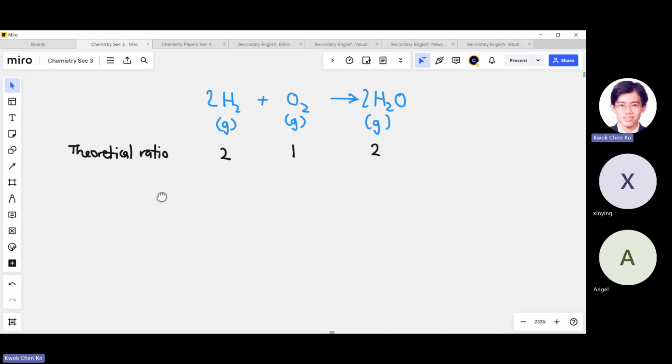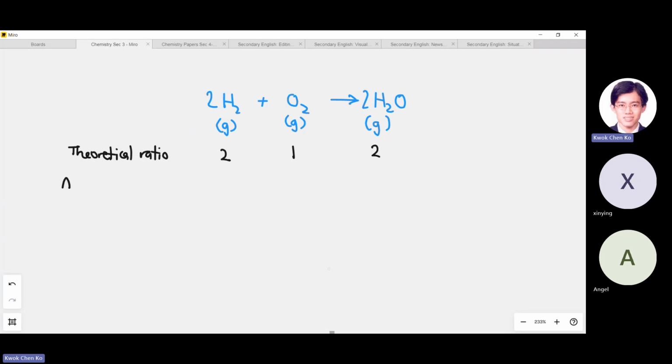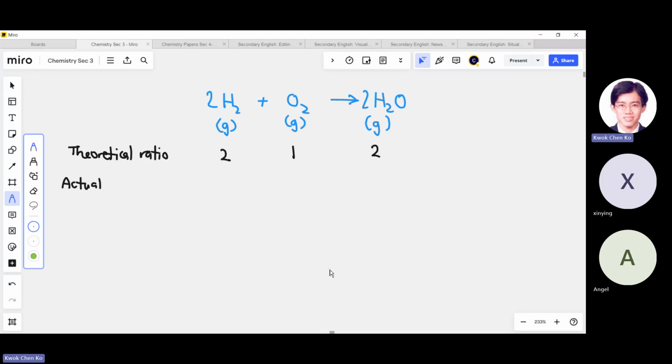Obviously in real life, you're not going to have such nice numbers. So what if I give you this actual amount instead? Actual moles. Let's say in an experiment, you're given 10 moles of H2, and you're given 5 moles of O2.